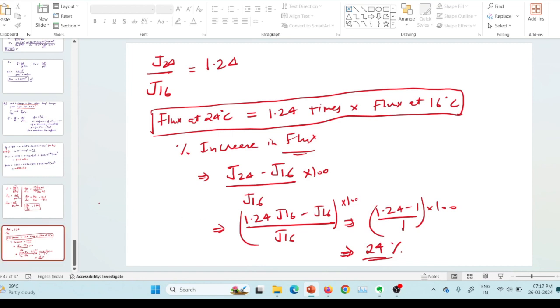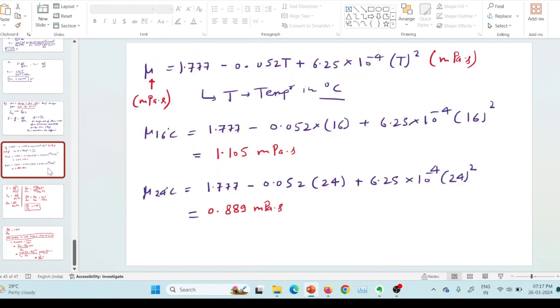So as the temperature increases, the flux will increase according to the equation we use here. And with temperature, what is happening? With temperature, the viscosity is decreasing actually.